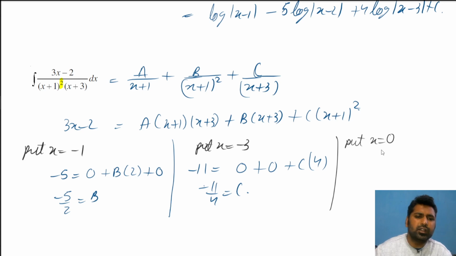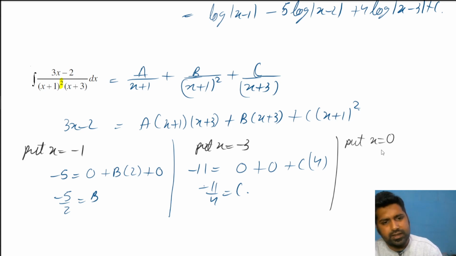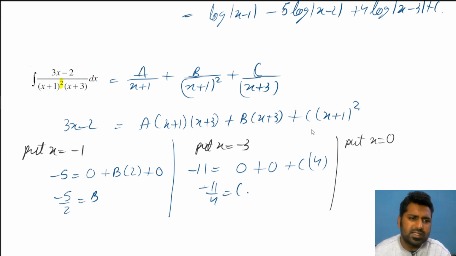I can put anything, 2 also, 3 also, 4 also, but I'm taking the simple one, 0. This time none of these expressions will become 0, so 3 into 0 minus 2, that's minus 2, is equal to, this will become 3A, this will become plus 3B, this will become plus C.